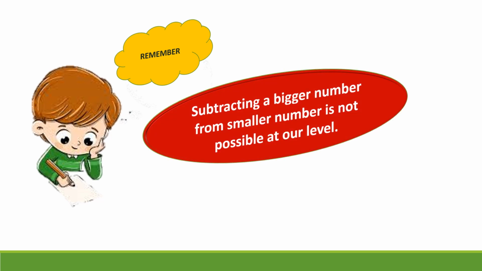Before learning the second property, here I want to tell you a point to remember. Subtracting a bigger number from a smaller number is not possible at our level. So the point you should remember is a bigger number getting subtracted from a smaller number, this we cannot learn at our level.